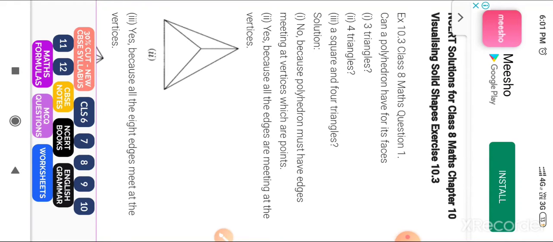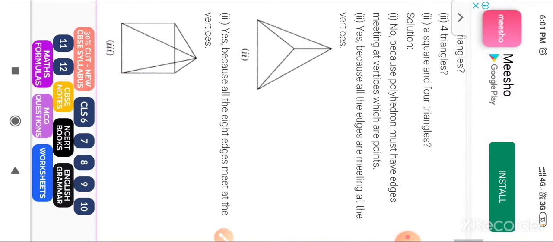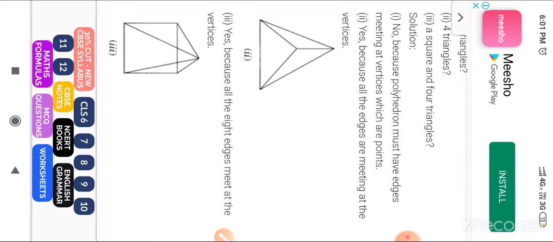Second part is 4 triangles, so it is possible because all the edges are meeting at the vertices. Third part, a square and 4 triangles, so it is also possible.